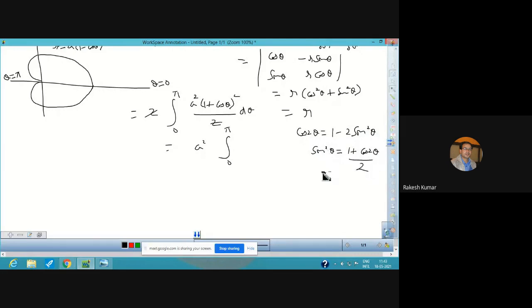When you take half of the angle, it means when you take theta dash equal to theta by 2, you can write it down like this.